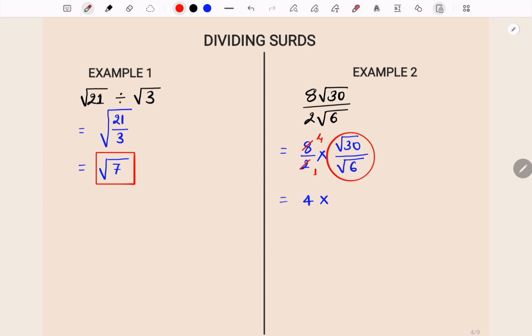Using the laws that we just learned, I can perform this division under the same square root symbol. So I can write it as square root of 30 over 6. Now 30 over 6 is 5, so 4 times root 5. 4 times root 5 is just 4 root 5, and it would be the final answer.